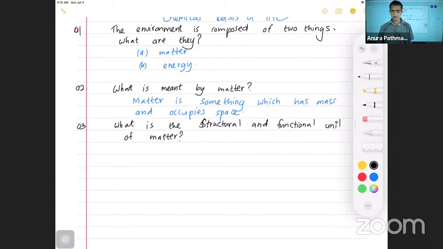The answer is an atom. The atom is the basic unit of matter, and it is made up of subatomic particles: electron, proton, and neutron.